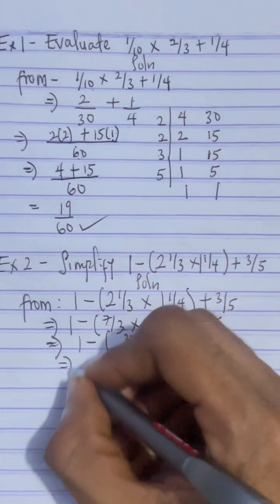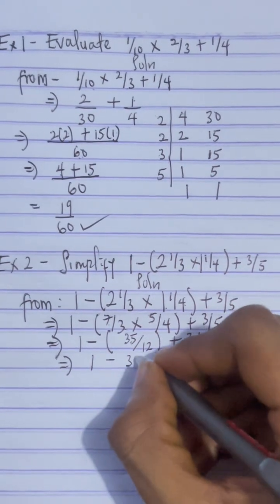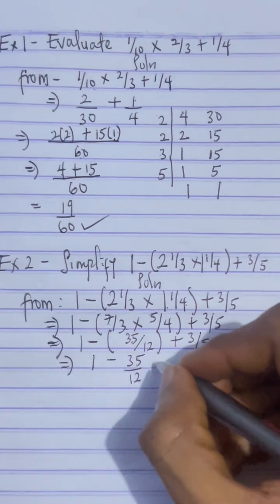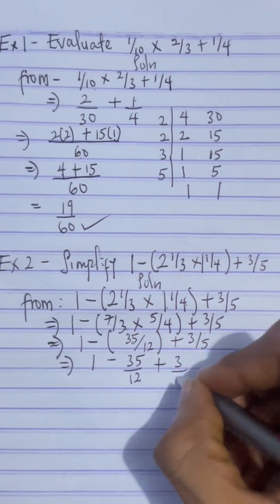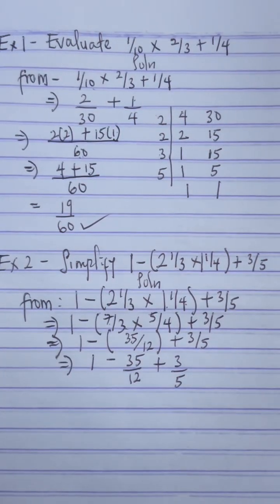So meaning we have 1 minus 35 over 12 plus 3 over 5, right? So we have a subtraction and we have addition. Which should we consider first? Addition, right? Correct. So let's consider addition.